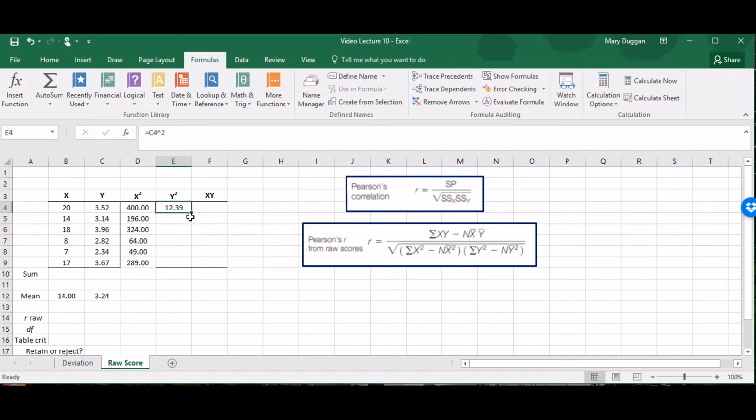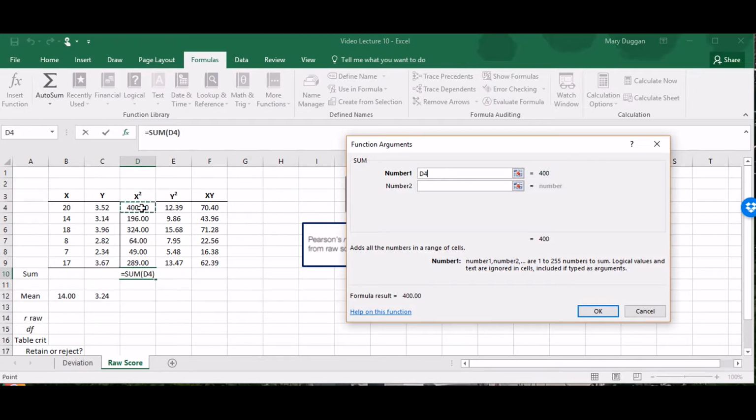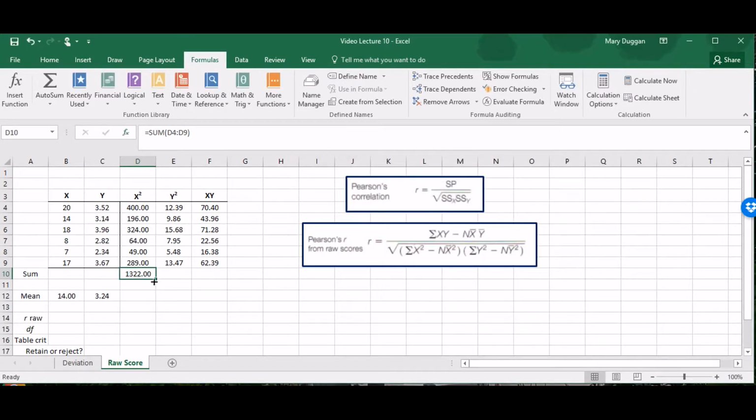Okay, and finally we need the product of x times y, so x times y, and I'm going to drag that down. Now the last thing we're going to do is sum up these individual columns, sum that one, and then I'm going to bring it over here. And now we have everything we need for the computational formula.